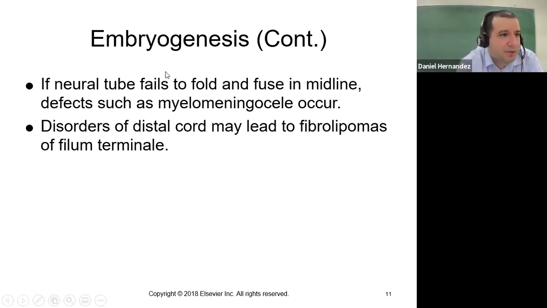If the neural tube fails to fold and fuse in midline, defects such as a myelomeningocele can occur. Disorders of the distal cord may lead to fibrolipomas of the filum terminale.